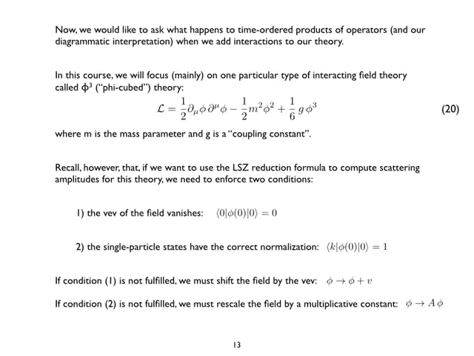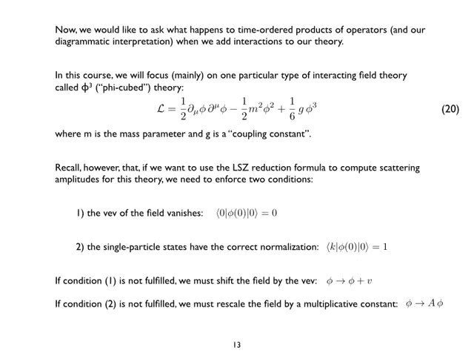So that means we have to ensure two things. One, that the vacuum expectation value, or the VEV, of the field vanishes, because we know that it does in the non-interacting theory, and two, that the single particle states have the correct normalization. So these are our two conditions.